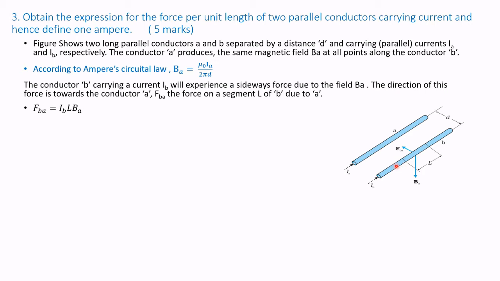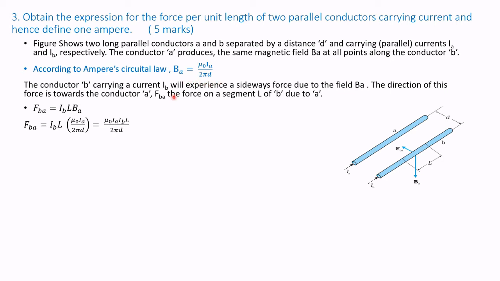FBA is given by the relationship FBA is equal to IB, the current in conductor B, into length L, into BA, the magnetic field due to conductor A. We know BA is equal to mu naught IA divided by 2 pi d, as per Ampere's circuital law.